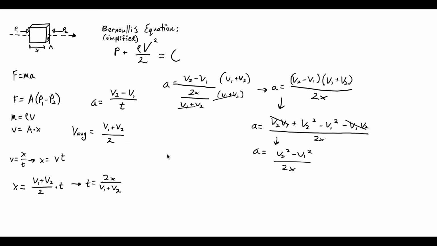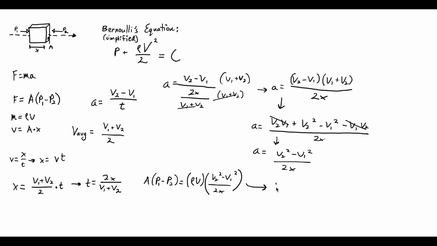Sounds very complicated, but as you'll see when we plug them in, it makes more sense. So P1 minus P2 equals rho times volume, and then our equation up here, v2 squared minus v1 squared over 2x. We can substitute in the equation for volume here so that we can start canceling out different variables.